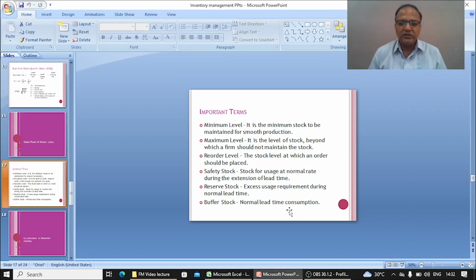Reorder level, the stock level at which an order should be placed. So this is an alarming signal.